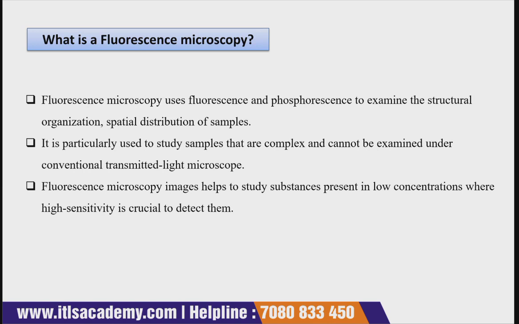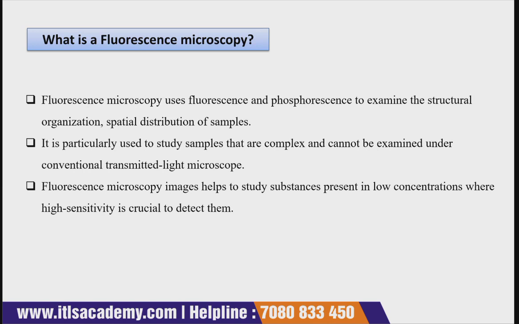So basically it is a type of microscopy that uses fluorescence, and with the help of this fluorescence, it examines the structure of different types of samples. Where the light microscope cannot examine complex samples, fluorescence microscopy is used.